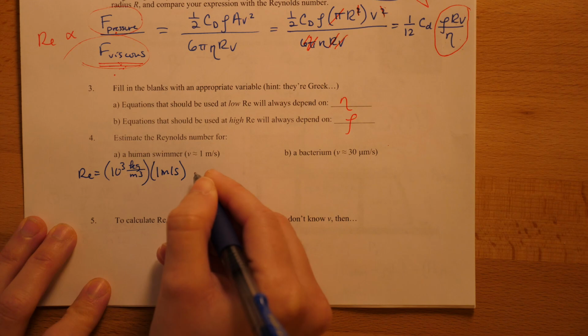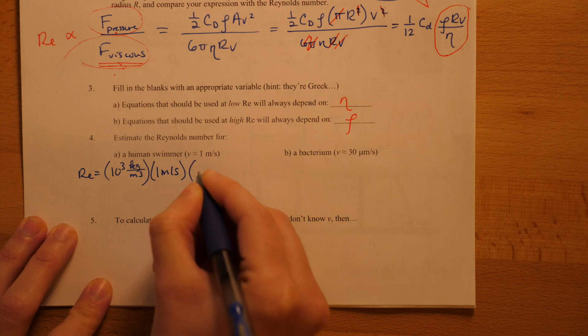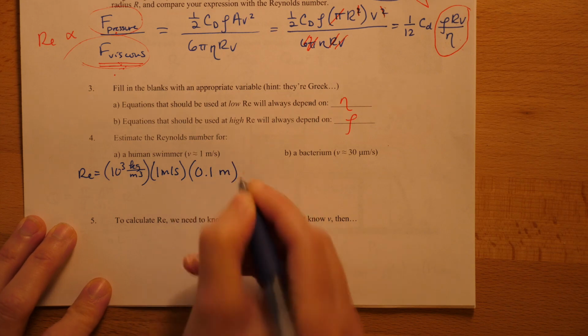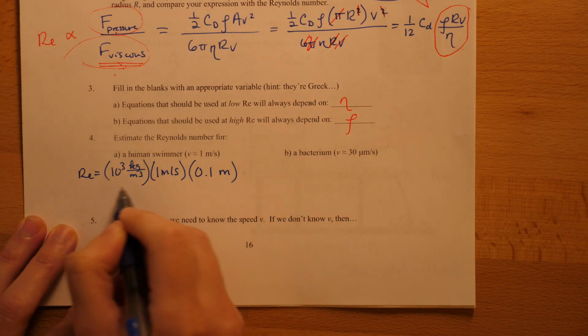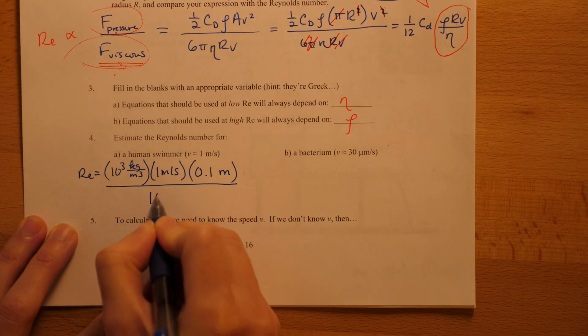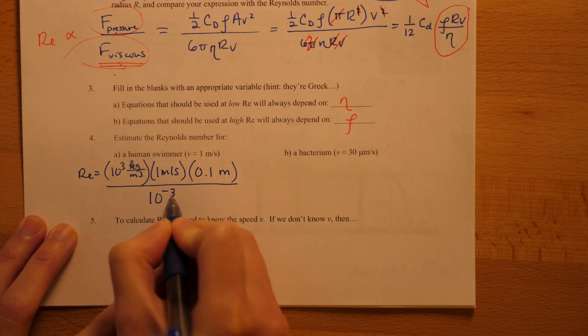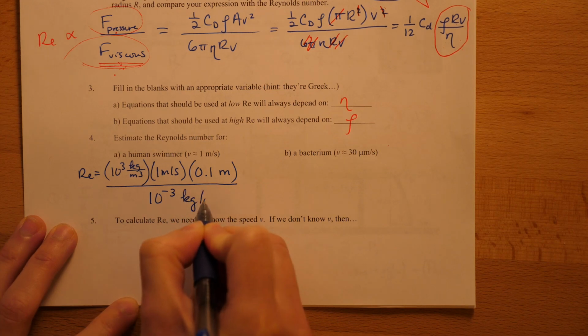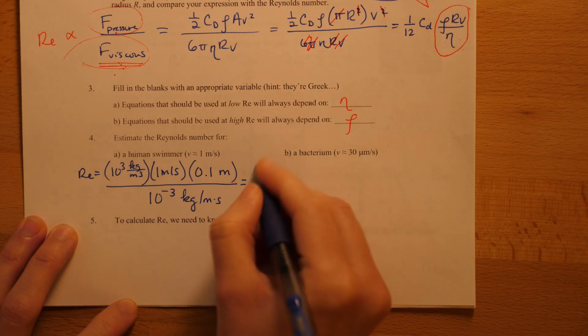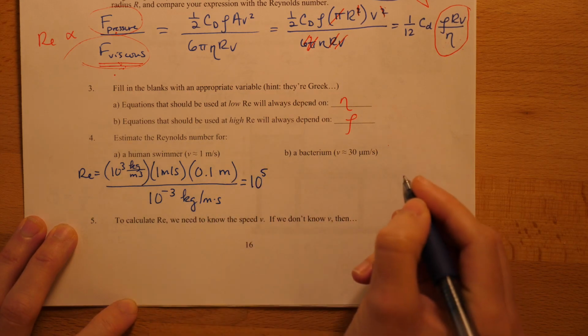And the cross-sectional length of a person is, I don't know, it's on the order of some fraction of a meter. And then we gotta divide that by the viscosity of water, which is pretty small. And if you do out that math, you're gonna get 10 to the 5th.